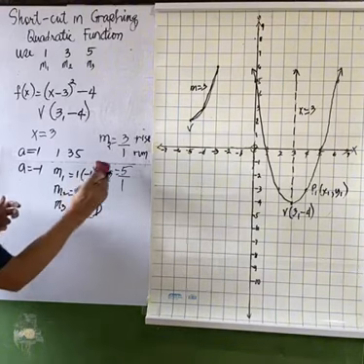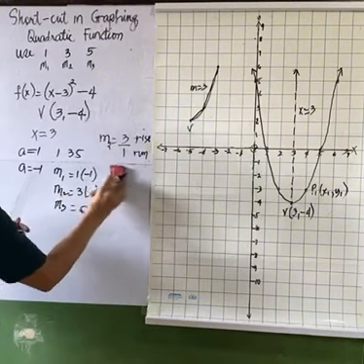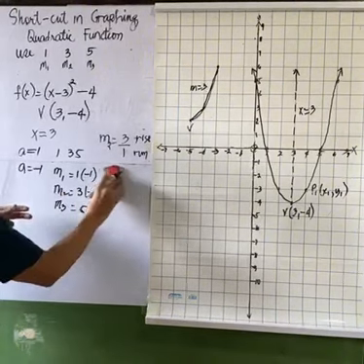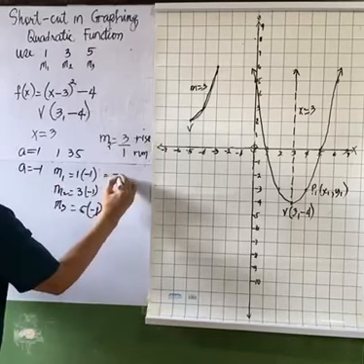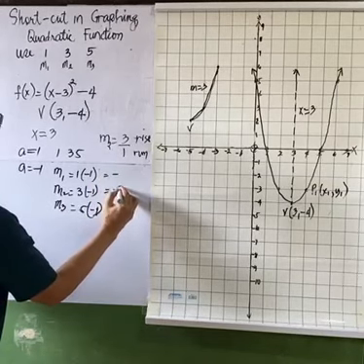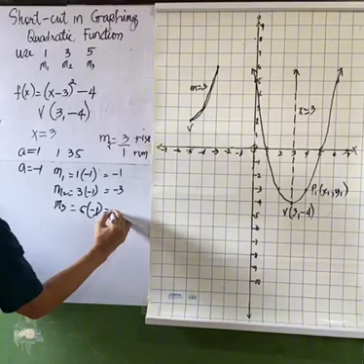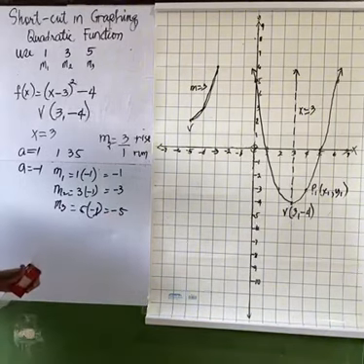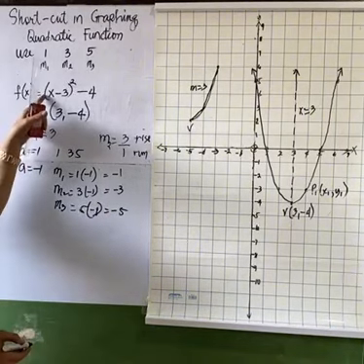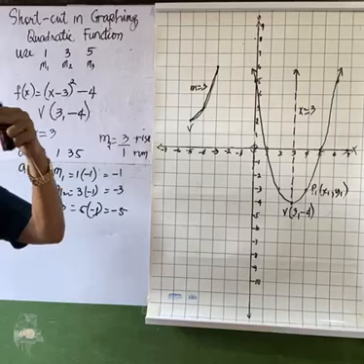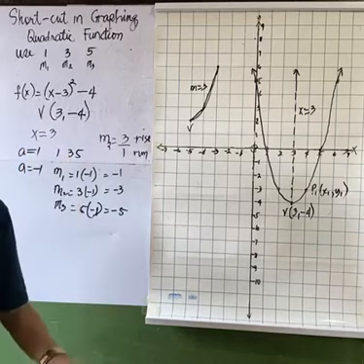So therefore, our slopes to use are -1, -3, and -5. If A is negative, the parabola goes downward.